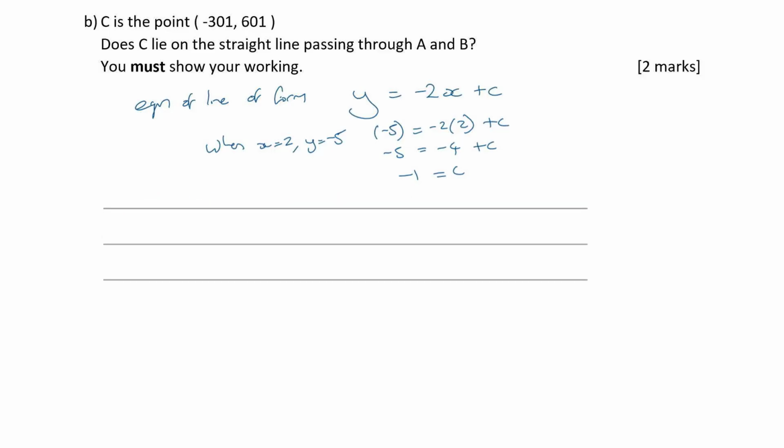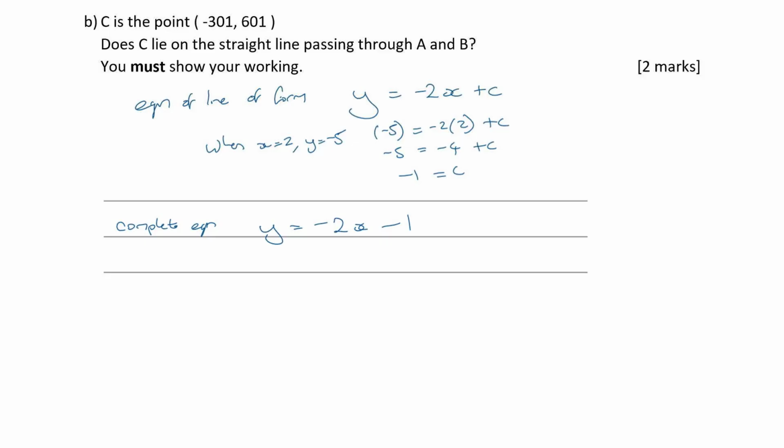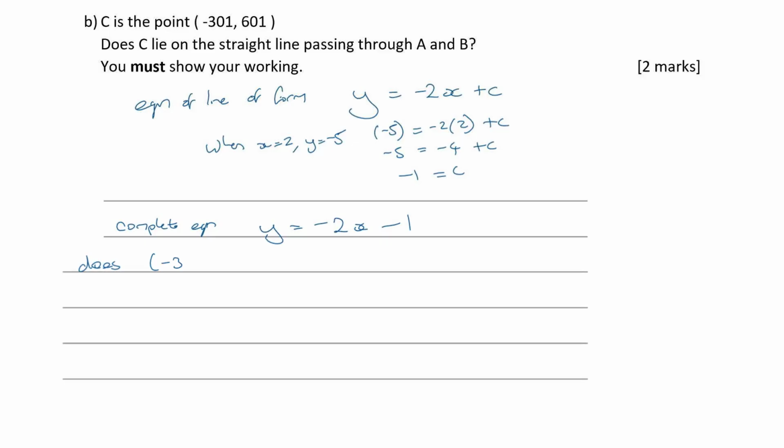Okay, so does our point minus 301, 601 lie on this line? We can work that out by subbing the values into our equation. So if y is 601 and x is minus 301, take away 1, is that true?